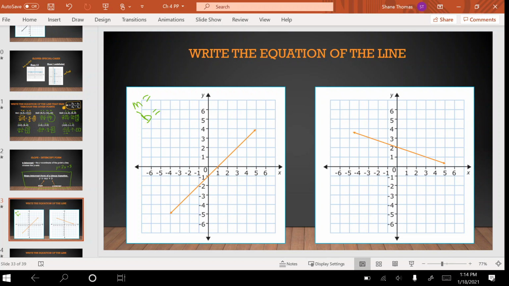So looking at this first one on the left, where does it cross my y-axis? What point? Negative 1. Crosses right there. You with me? So it crosses at negative 1. Now, to find the slope, what you want to do is find 2 points where it crosses the grid really nicely. So I'm just going to use that point I just used, and let's use this one.